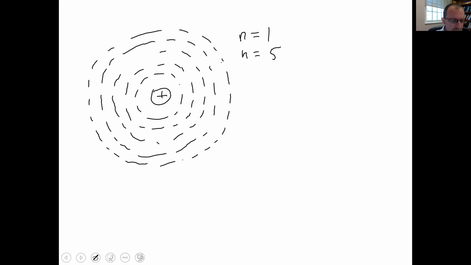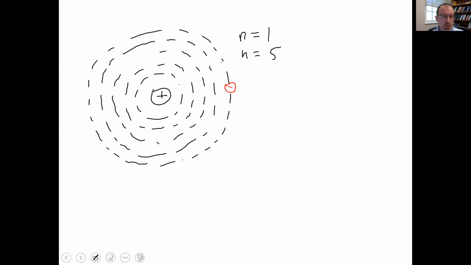Now, let's say that I have an electron in my n equals 5 orbital. When it's sitting there, it's in an excited state. What it will do is drop down to lower energy states, and it may drop all the way from 5 to 1, or it could drop from 5 to 4, 5 to 3, 5 to 2, and then 2 to 1, or what have you.